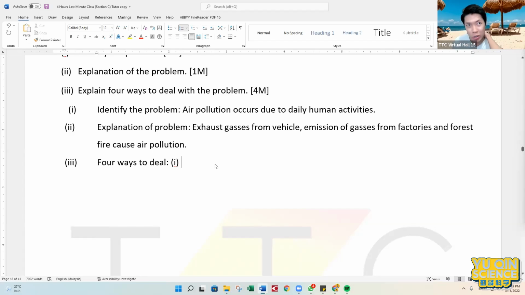Walao eh. This one I have to. If you refer to your chapter, you have one chapter, Form 4 chapter 4 or Form 5 chapter 3, the pollution chapter. Okay, 4 ways. I think let's tackle one by one. Let's talk about cars. How can we solve the cars? Oh, I know. Don't drive so many cars lah. Carpooling, or we shall say practice carpooling or using public transport.